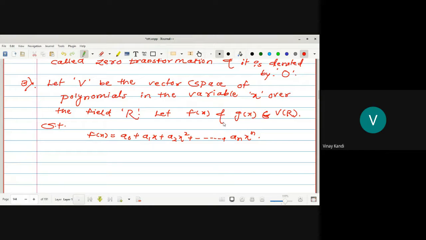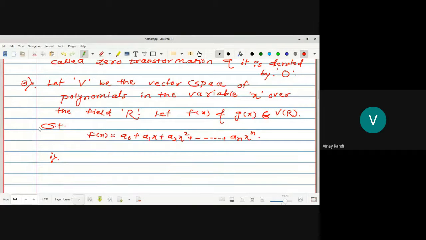If it is an arbitrary polynomial, the nature of f of x is like this: a naught plus a1x plus a2x square plus up to an x raised to n.